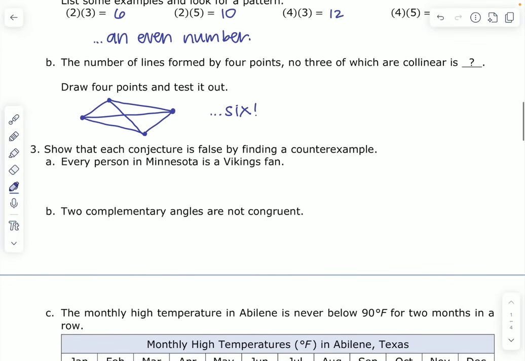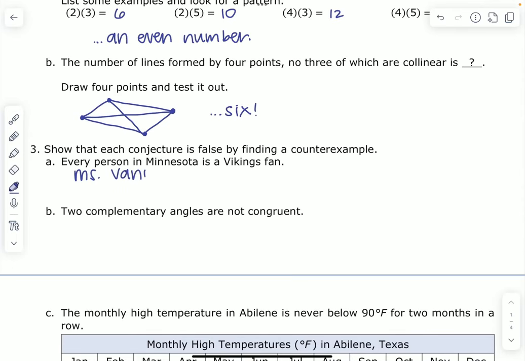All right, number 3 asks us to show that each conjecture is false by finding a counterexample. So A says every person in Minnesota is a Vikings fan. To provide a counterexample, we need to think of somebody that we know that lives in Minnesota that is not a Vikings fan. Okay, hopefully we know this one. Miss Vandervoort is not a Vikings fan, but she lives in Minnesota.